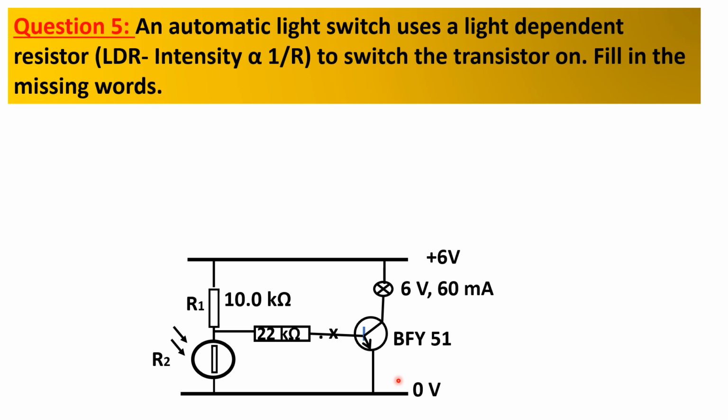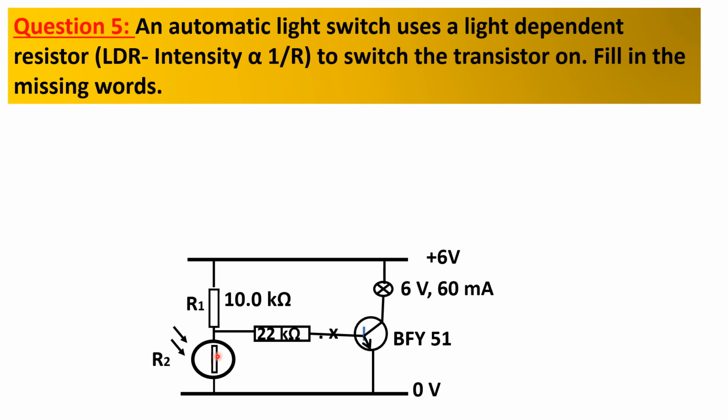Since this is negative, and in an NPN transistor like this, the emitter is connected in forward bias, while the collector is connected in reverse bias. So here is the light dependent resistor.